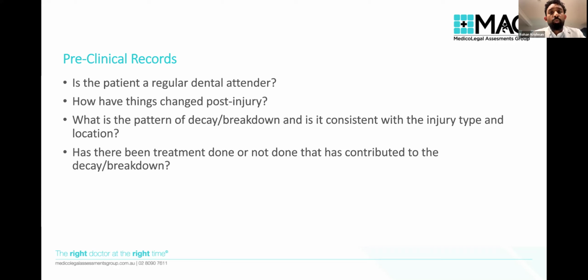And if they are, what has been done in the past that has allowed for this to occur or not allowed for it to occur? And do we have records of that? Because if they are a regular dental attender, we should have access to their previous records.